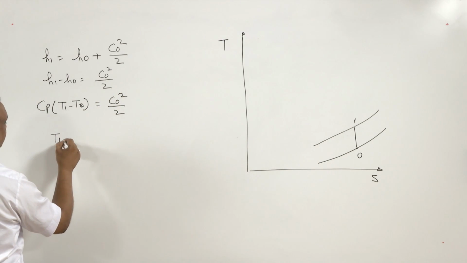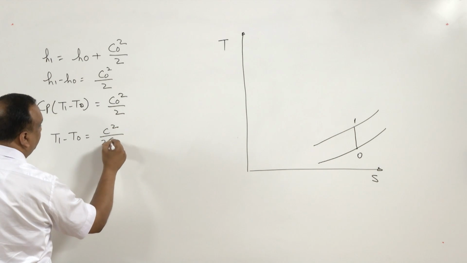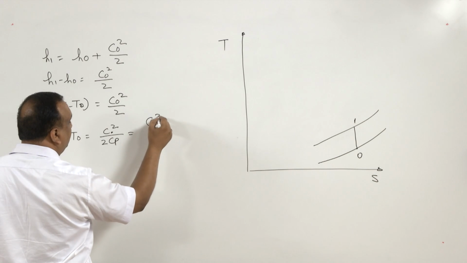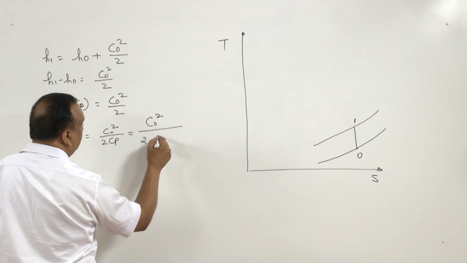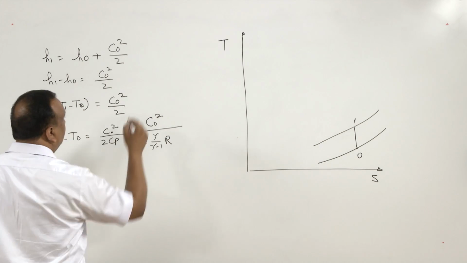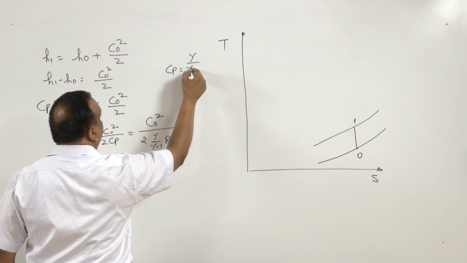Now, T1 minus T0 is equal to C0 square by 2 Cp, or we can write it as C0 square divided by 2 into gamma over gamma minus 1 into R, because Cp is equal to gamma over gamma minus 1 into R.